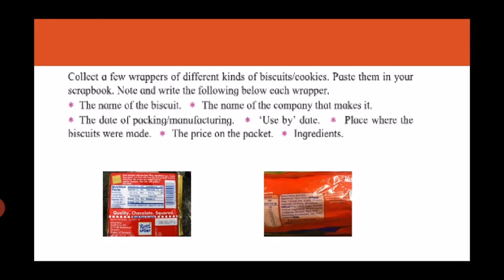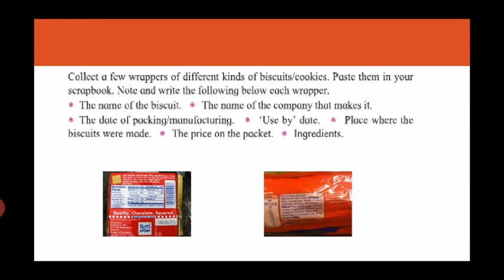Note down that date. There will be another date which is called as use by or expiry date. That date means you have to eat your biscuits before that date or they will get spoiled.